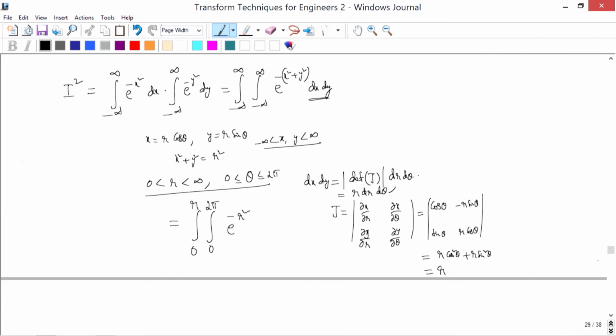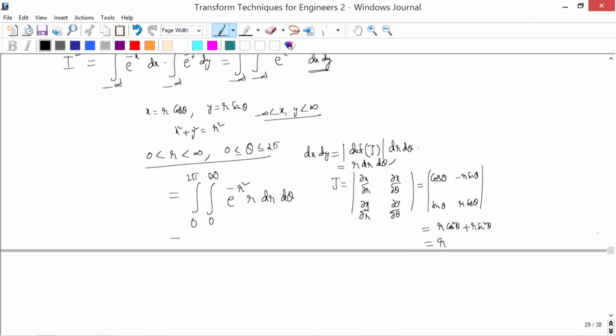This is in polar coordinates. So, actually you should write the integral from 0 to 2 pi, 0 to infinity, of e power minus r square r dr d theta. dr is the inner integral, d theta is the outer one, and the inner integrand has nothing to do with theta.